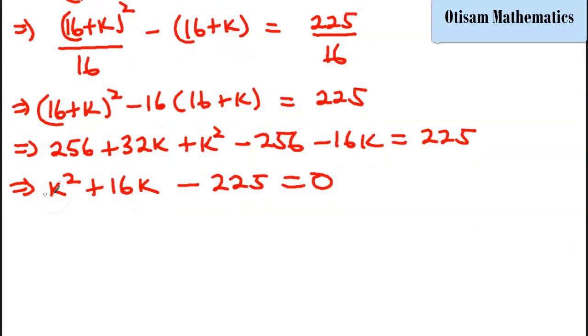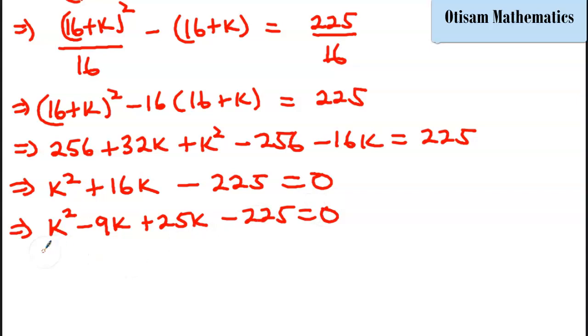So the factors of 225 that when we add we are going to get 16, when we multiply we are going to get minus 225, will be 25 and minus 9. So k squared minus 9k plus 25k minus 225 is equal to 0.